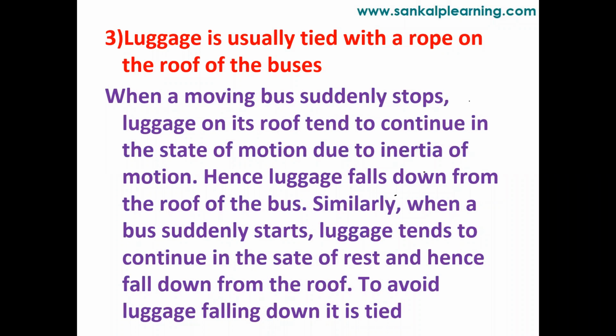When a moving bus suddenly stops, luggage on its roof tends to continue in the state of motion due to inertia of motion, so the luggage will fall. On the other hand, when the bus starts suddenly, the luggage tends to continue in the state of rest, therefore it will fall down. So both concepts we can explain here.